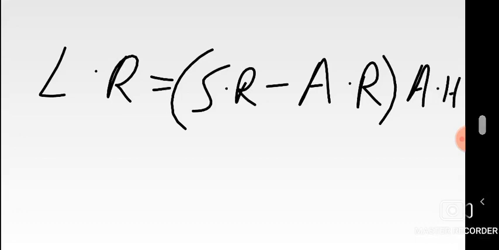Remember that: standard rate minus actual rate times actual hours. Now, how do you find the standard rate? I mentioned that if you're told the rate, a price, anything relating to price, okay?